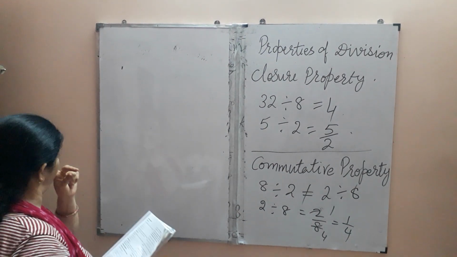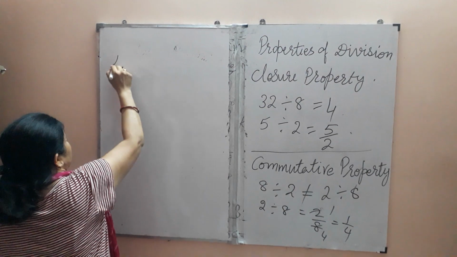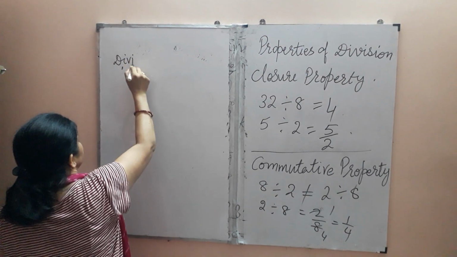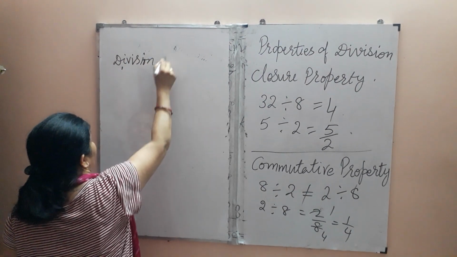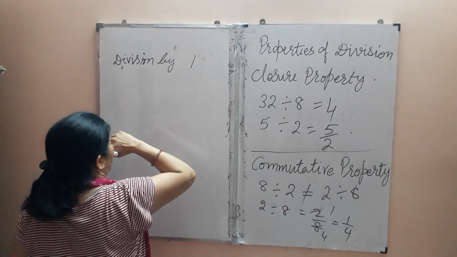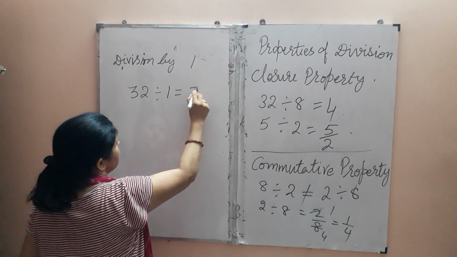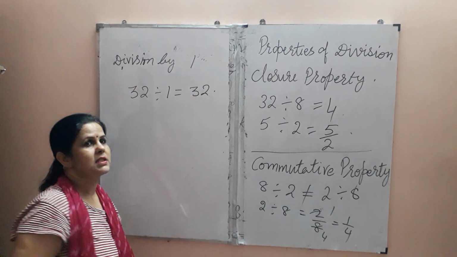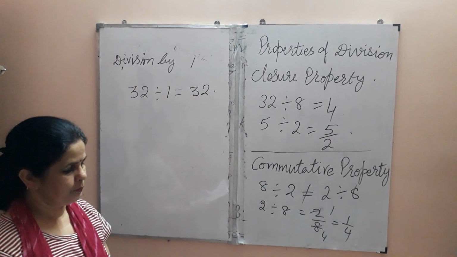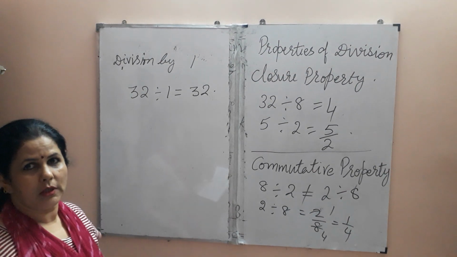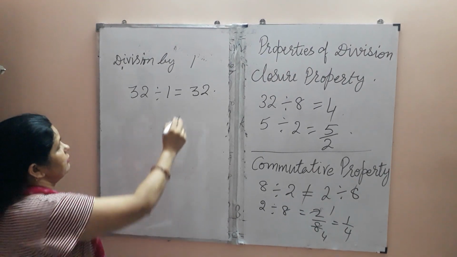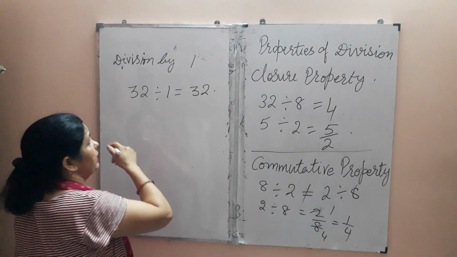First is division by 1. If we divide any number by 1, the answer will be the number itself. The answer will be the same, or the number itself.